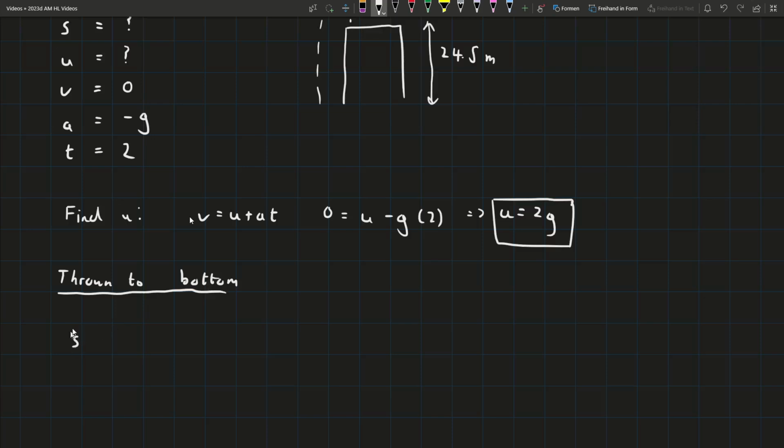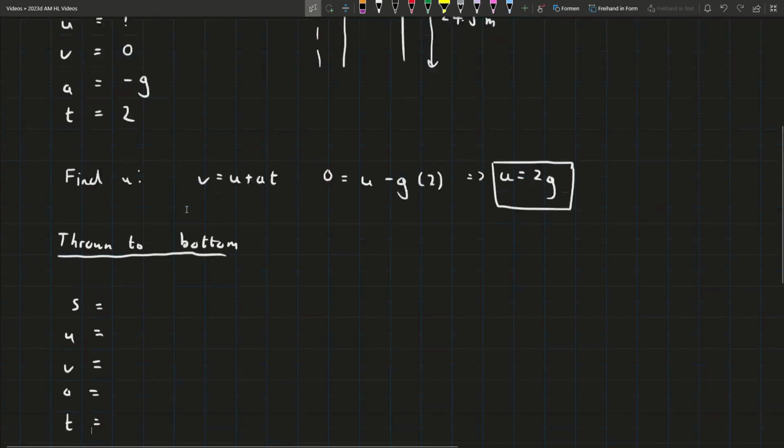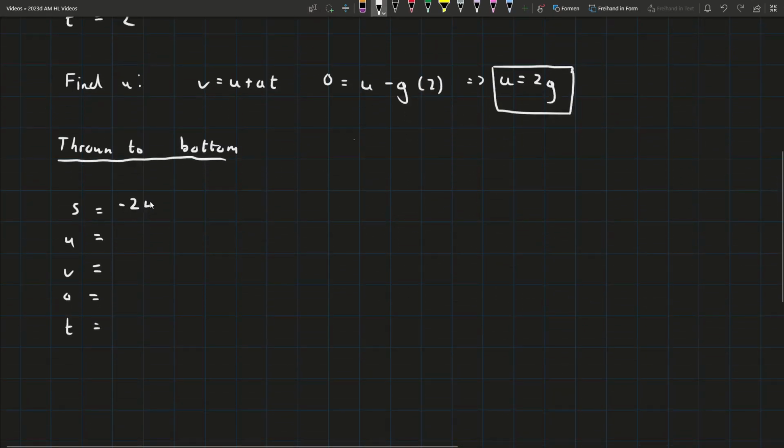So our displacement is going to be minus 24.5 because it's going to start here and finish 24.5 below. Initial velocity is positive 2g, it's going upwards. We don't know anything about v. Acceleration is negative g, and t is what we're looking for. You can see we have 3 things, and we can find t.